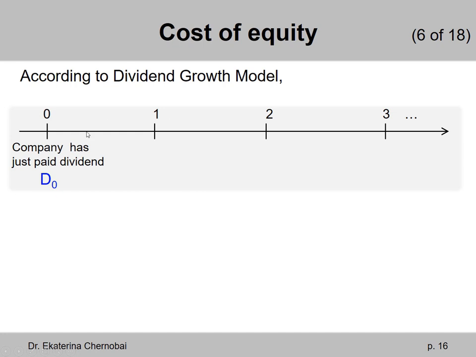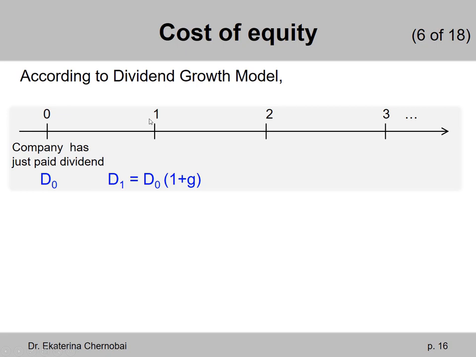on using this timeline. Let's say company has just paid some dividend per share. Maybe it's $2 per share. The notation for the current dividend is D for dividend and subscript 0 for year 0. In 1 year, it's going to be a higher amount. It will grow by some percentage, which we denote by lowercase g.